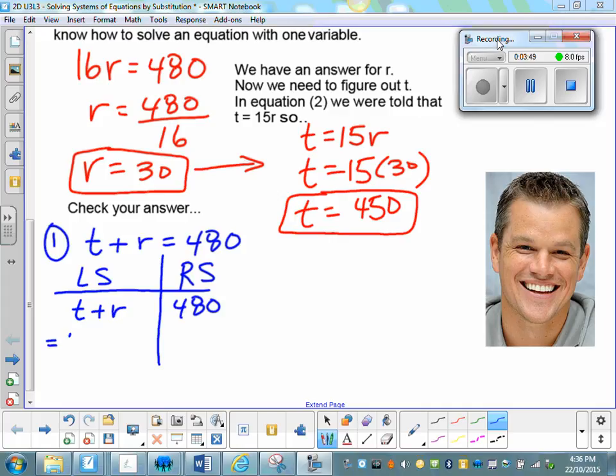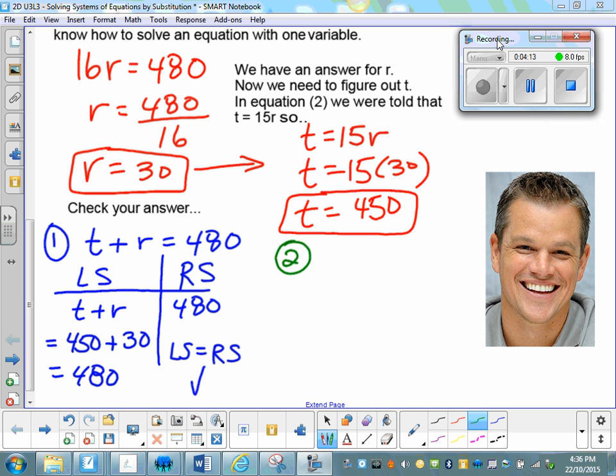I substitute the 450 in for the t. I substitute the 30 in for the r. And when I add them together, I get 480. And on the other side, I already have 480. So I actually don't have to do anything. I could say left side equals right side, and just put a check mark to show that that's correct.